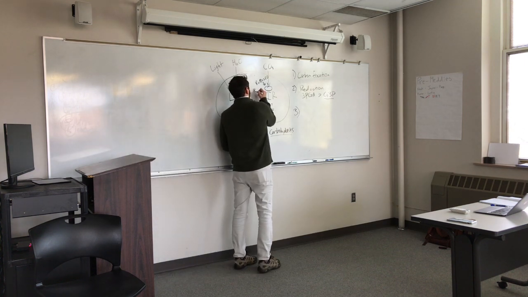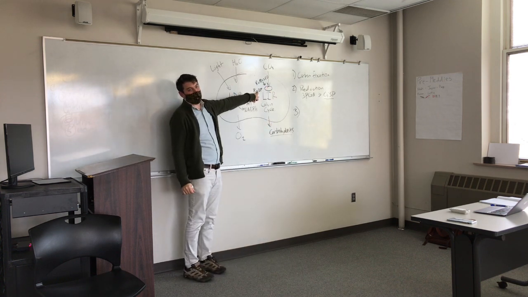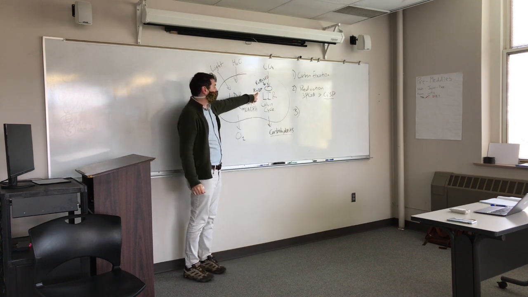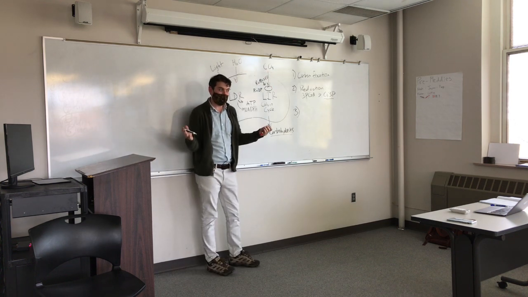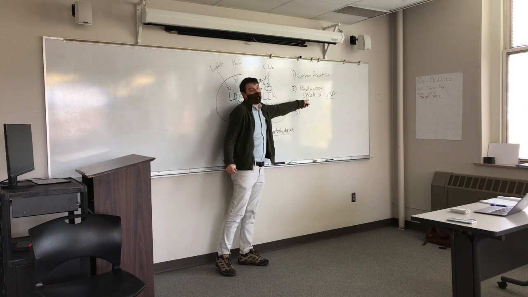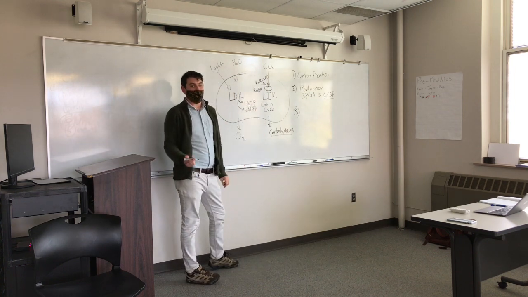The other reagent is this 5-carbon RuBP molecule. So RuBP plus CO2 is a total of 6 carbons. That reaction gives you 2 3-PGA molecules. And then those can be converted into G3P and ultimately to sugar.